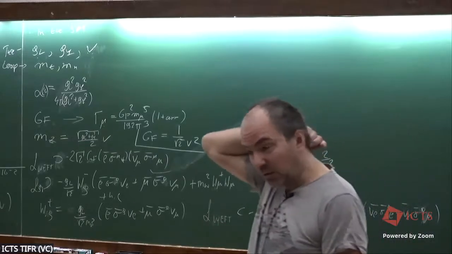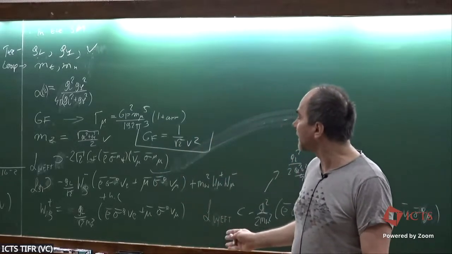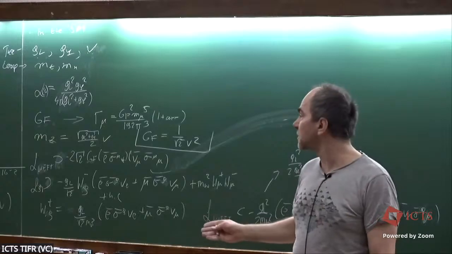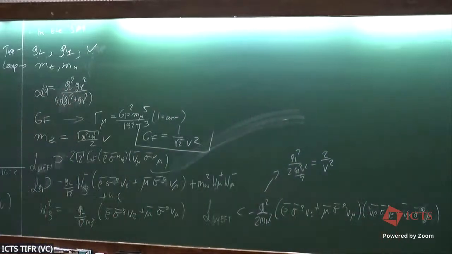For the moment, in almost every case, the theoretical error is much smaller than the experimental error. The only exception is MW, where the theoretical error is still smaller than the experimental error, but not much smaller. It's a factor of 2 smaller only. In most cases, it's a factor of 10 smaller.